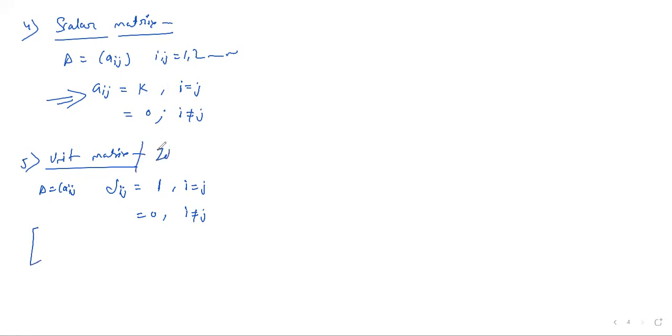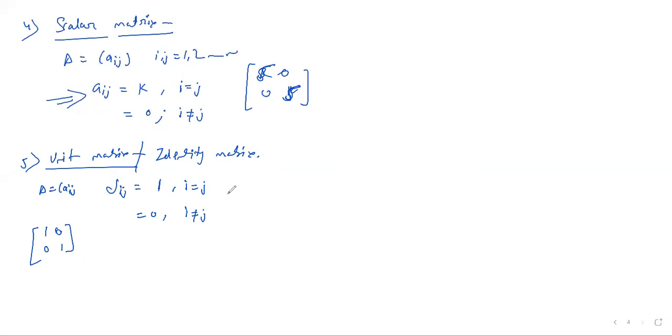Like this: 1 0 0 1. This is my identity matrix of 2 cross 2, and the scalar matrix is k 0 0 k. You can give any value to the scalar, such as 5 5 or 4 4. So this is my scalar matrix and this is my unit matrix.